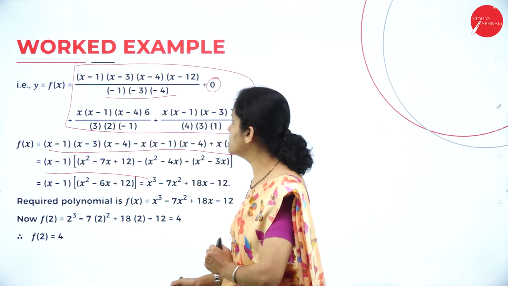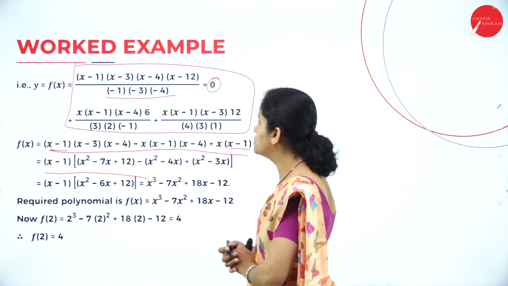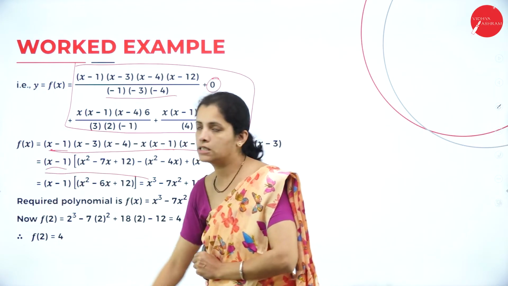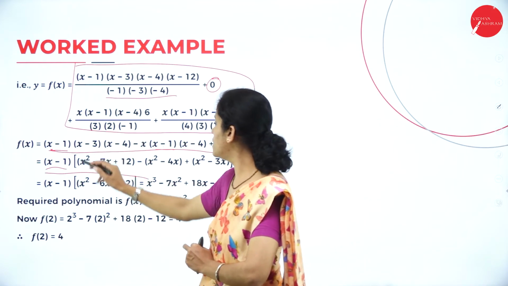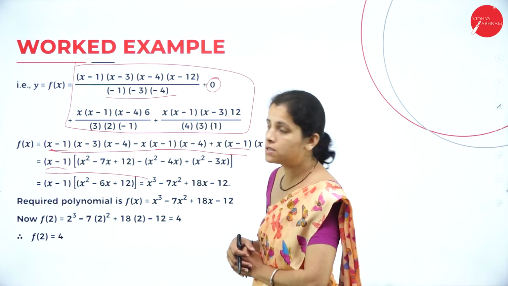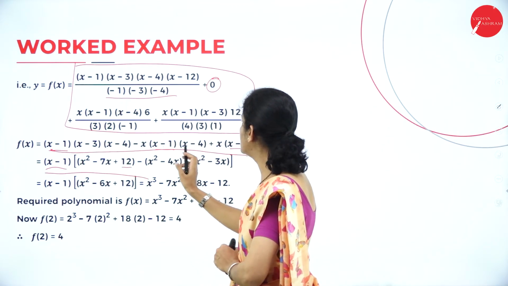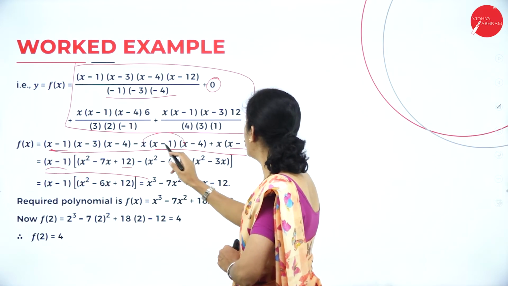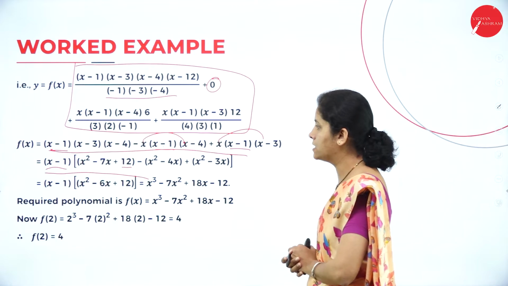After simplifying this one, x minus 1 is common, so I'll take x minus 1 outside. After simplifying this one, I'll get x square minus 7x plus 12. And if I consider this one, it is x square and 4x. Here it is x square minus 3x.